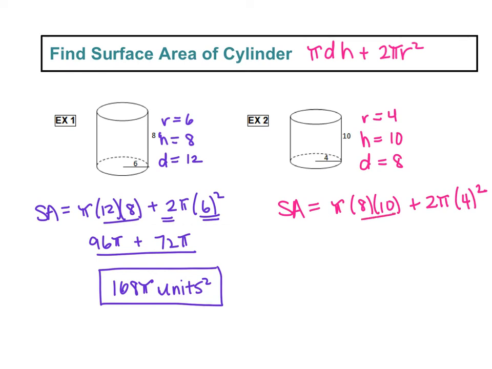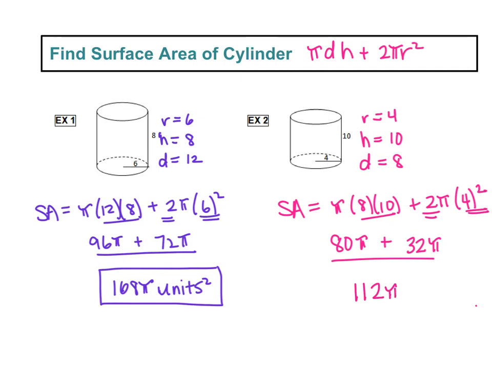Alright, so 8 times 10 is 80. We have 80 pi plus 4 squared is 16, and 16 times 2 is 32, and then the pi stays there. And then let's go ahead and combine those like terms. 80 plus 32 is 112, and don't forget the pi does need to be part of your answer.